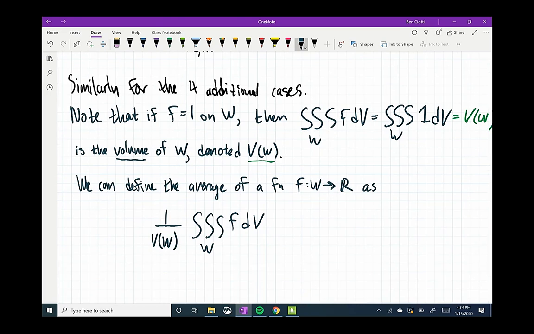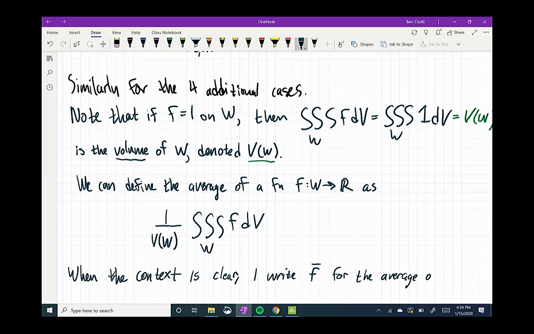Okay. And let me introduce some notation here. When the context is clear, I'll just write f with a bar over it for the average of f. Right, so then this formula becomes the formula for f bar.